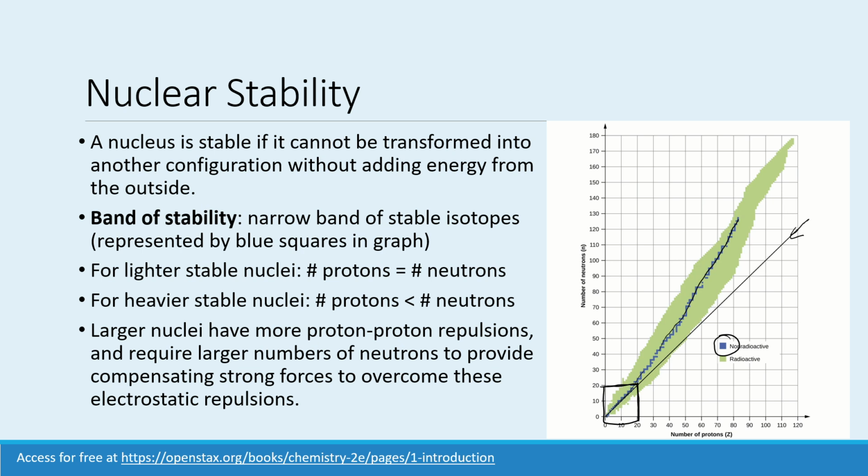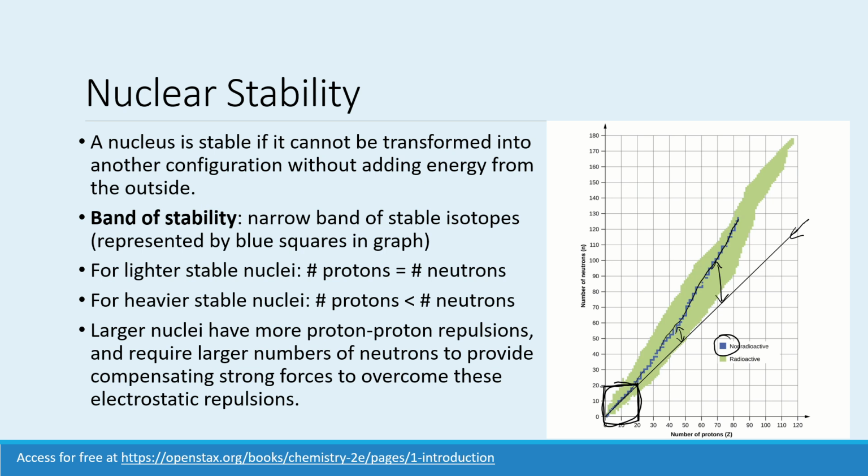That black line represents a 1-to-1 ratio between your protons and your neutrons. And so you can see how that band of stability, the blue squares, starts to deviate farther and farther from that 1-to-1 ratio. Okay, but when you're down here in the lighter nuclei region around 20 or less, then that blue band of stability lies right on the 1-to-1 ratio, the black line.